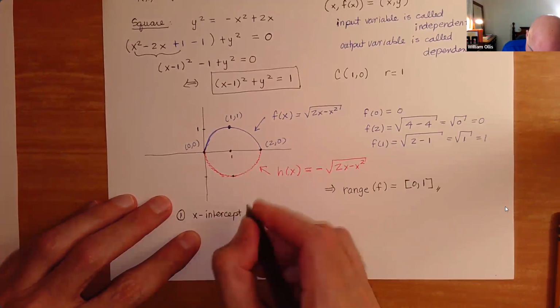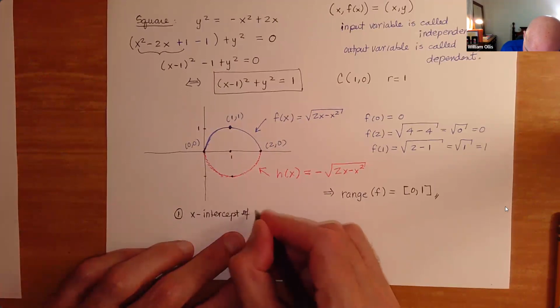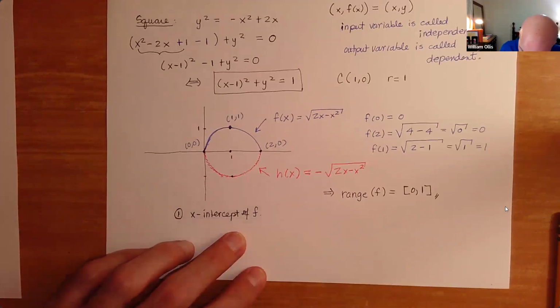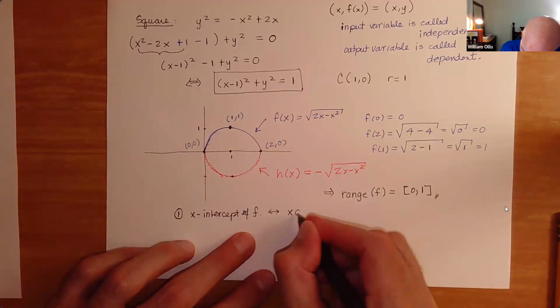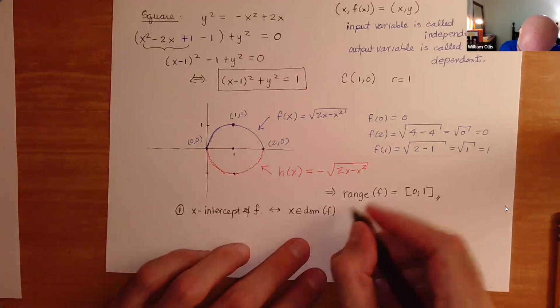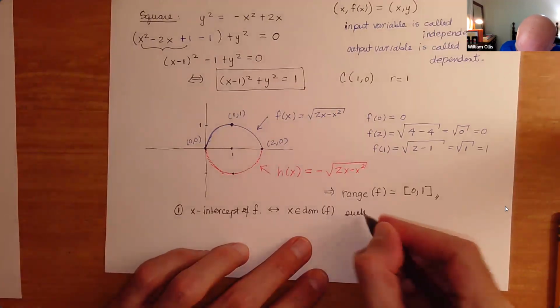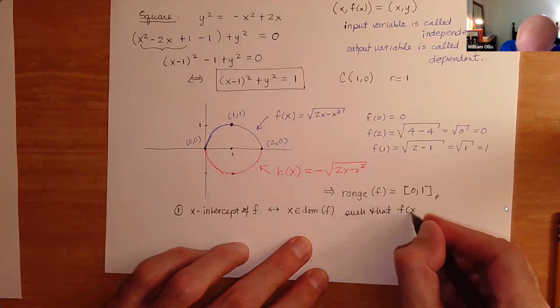The x-intercept is important. We'll say x-intercept of the function f. This corresponds to x in the domain of f such that, and we've already done this, f of x equals 0.